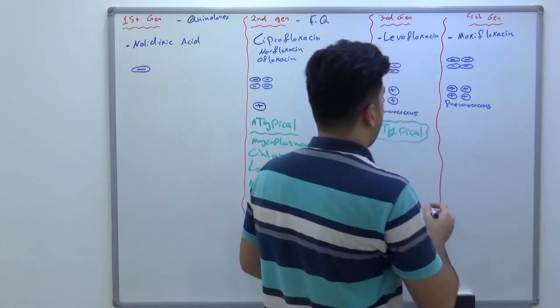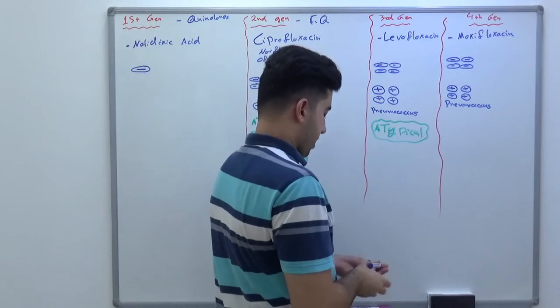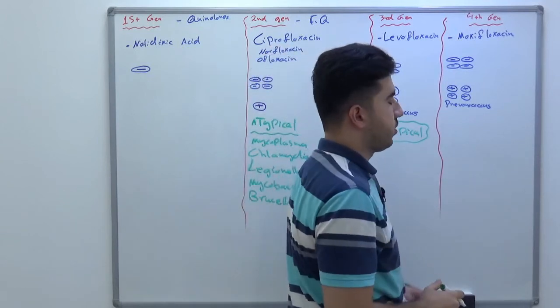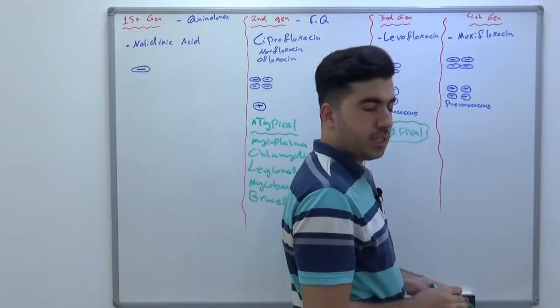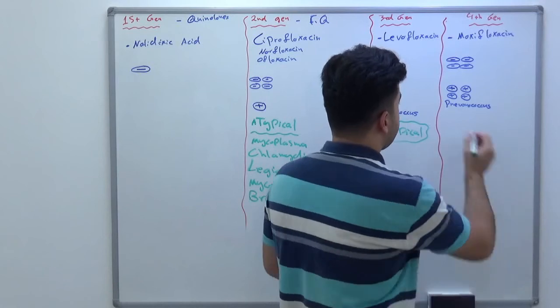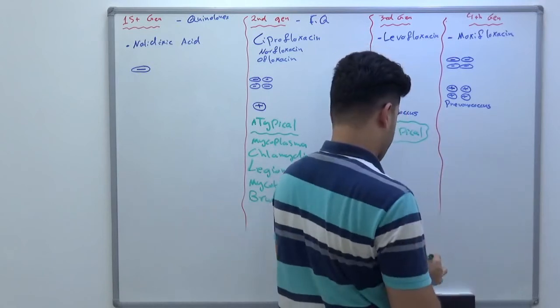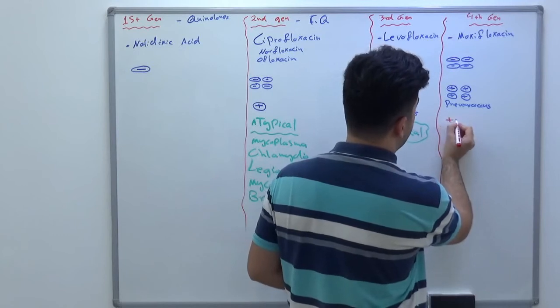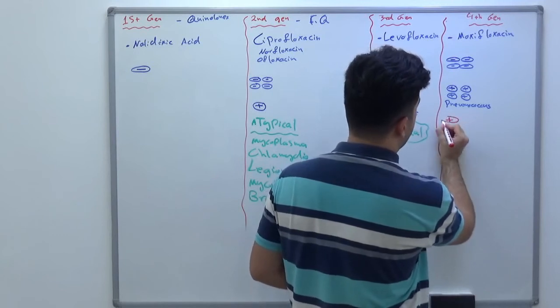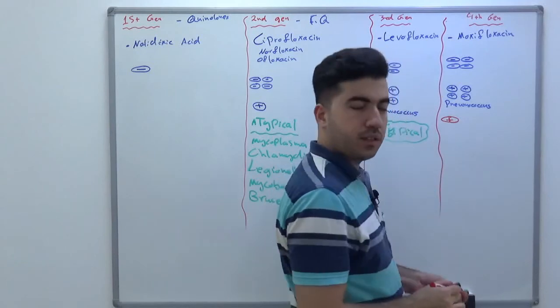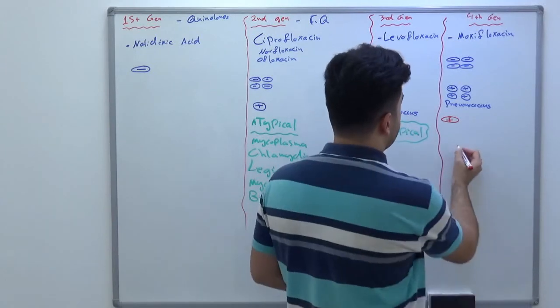Okay, and also atypical microorganisms, or less importantly than atypical, it also has activity against some gram-positive rods. And finally it has activity against some anaerobes.